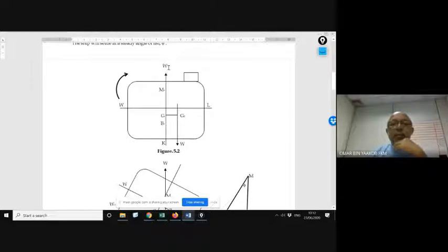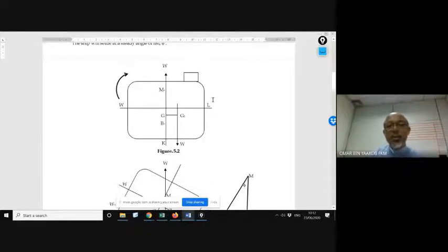We can put this as W, or we can use delta, the same thing, which is the displacement. I should have used delta here so that it's not confused with this WL. This W is waterline.